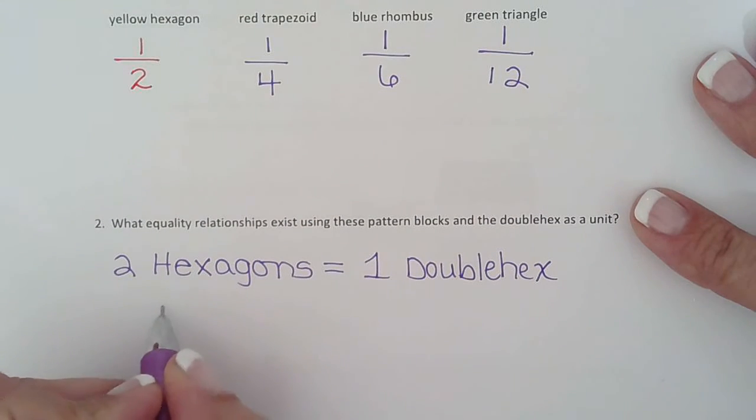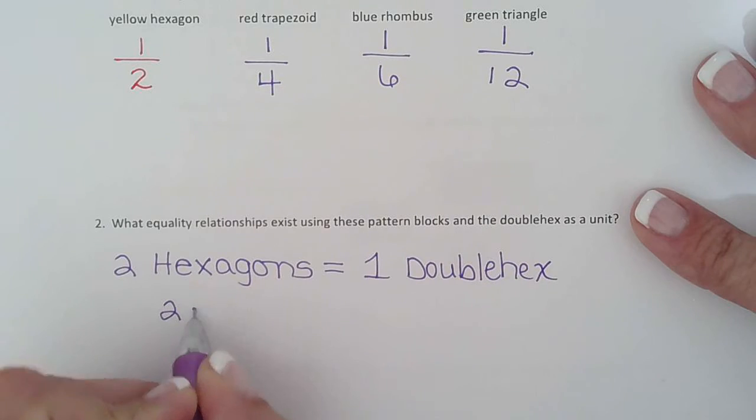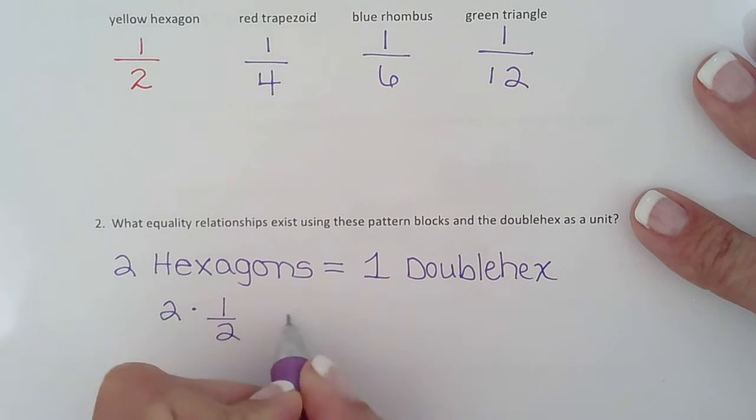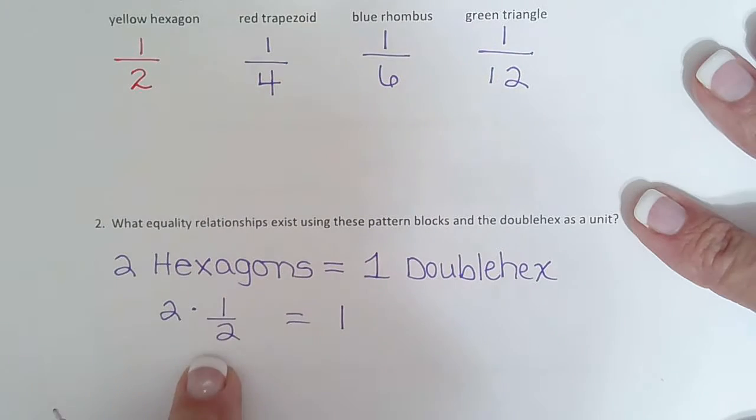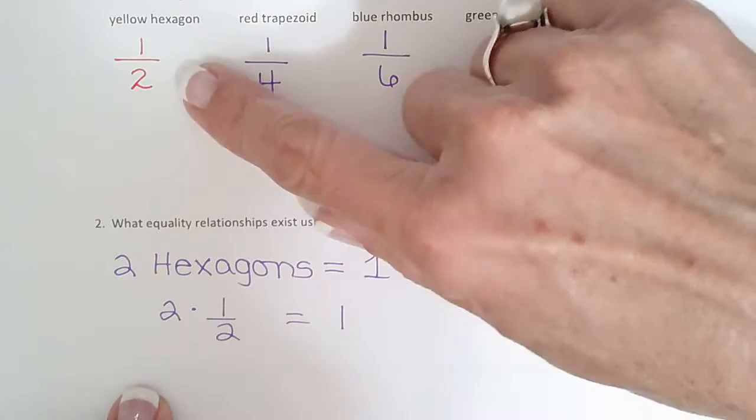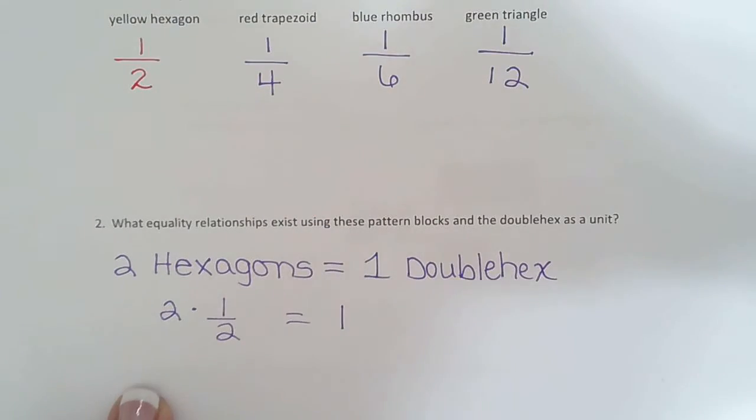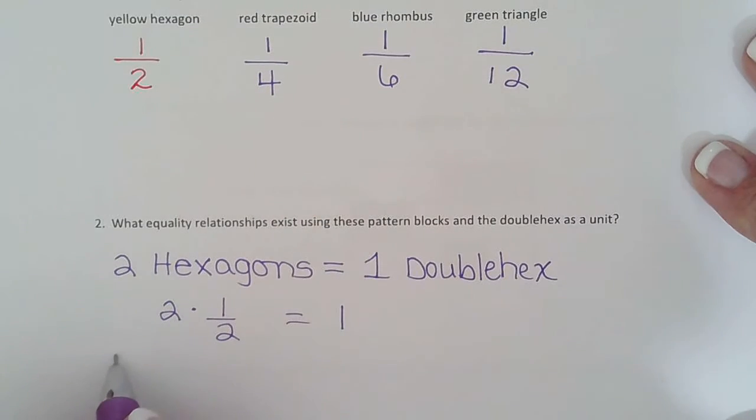And that would mean 2 times 1/2 equals the whole. And that makes sense, right? If you have 2 halves, don't you have a whole? Because we just said a hexagon was a half. So you can see how that relates.